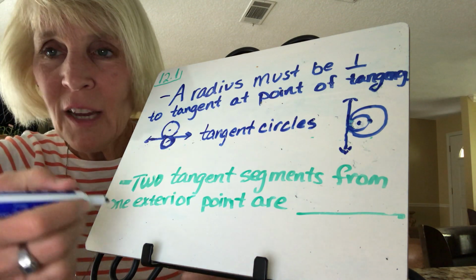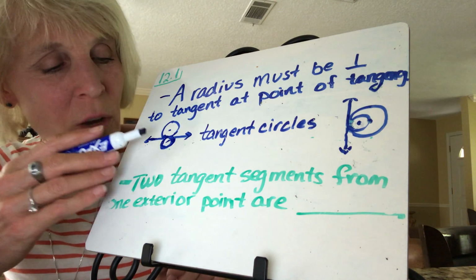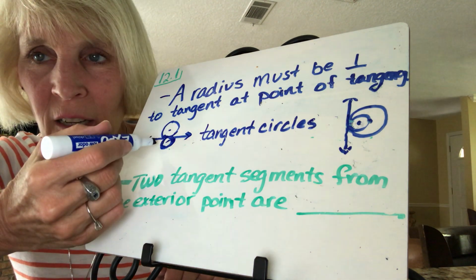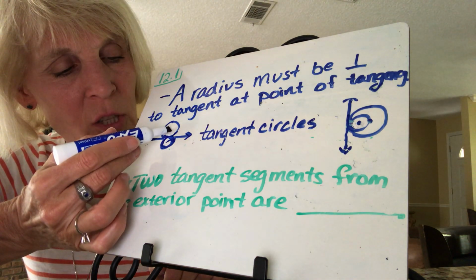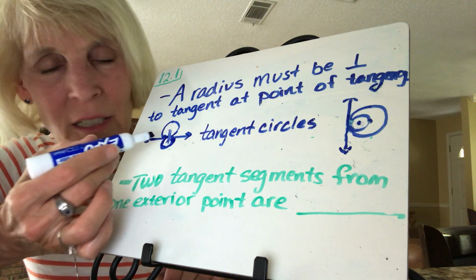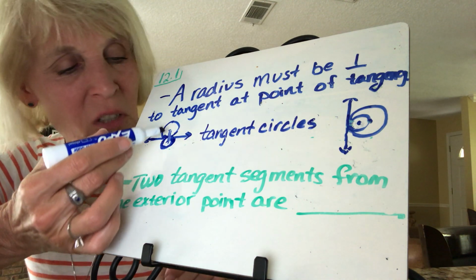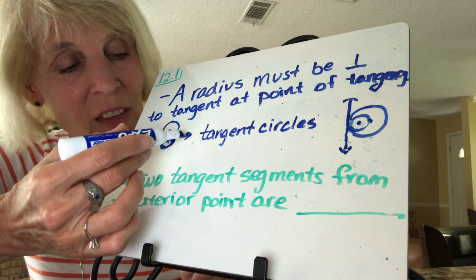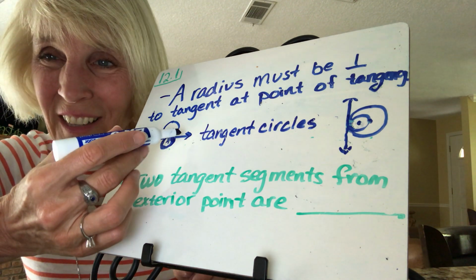Okay, if you needed to find the equation of the line, I wanted to remind you, if I said I needed to find the equation of this tangent line, then I would find the equation of the two radii that are connecting here. Let's say that was like x equals 2. Then I would also need to look at the horizontal line.